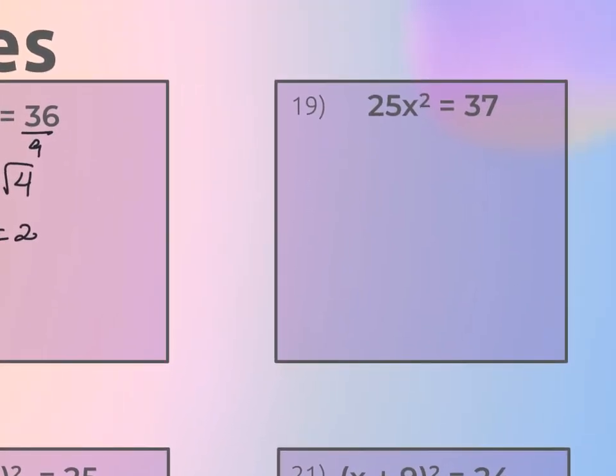The next one, again, I would isolate the square term. X squared is equal to 37 over 25. And now I need to square root both sides.